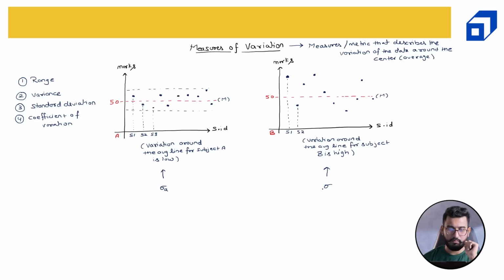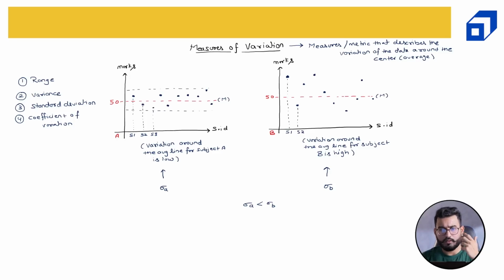So sigma A would be less than sigma B. When I say the standard deviation is less, that basically means most of the observations are scattered very close to the mean. While when I say standard deviation is high, that basically means most of the observations are scattered far away from the mean. Now this gives you a better idea regarding how your data looks like.